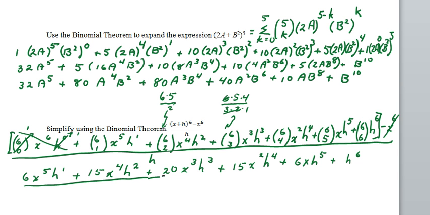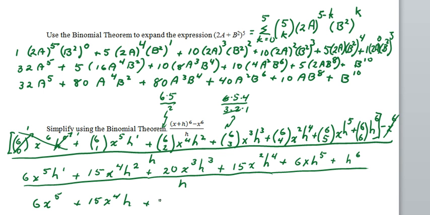And this is what we divide by h. So a factor of h comes out of each of these terms: 6x to the fifth plus 15x to the fourth h plus 20x cubed h squared plus 15x squared h cubed plus 6x h to the fourth plus h to the fifth.